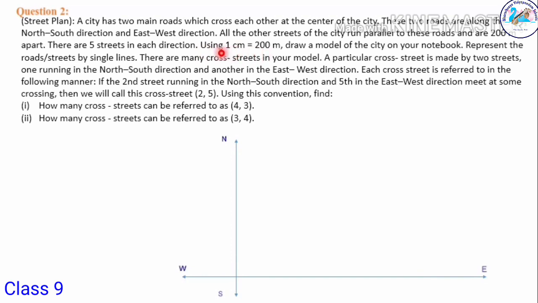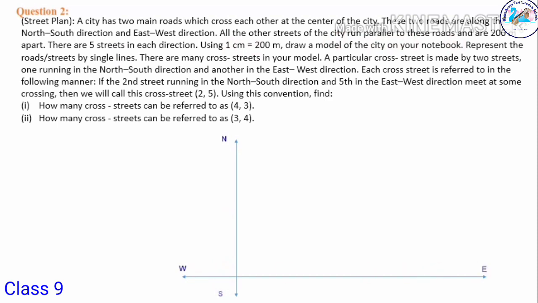And the scale is given to you, 1 centimeter equal to 200 meter. Means the distance between the two roads. Here they are mentioning 5 street roads in each direction, and there is a property of these roads, that is they are running parallel to this north-south and east-west.